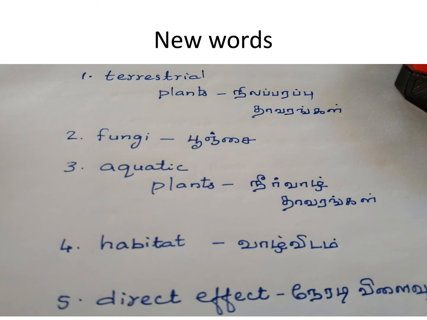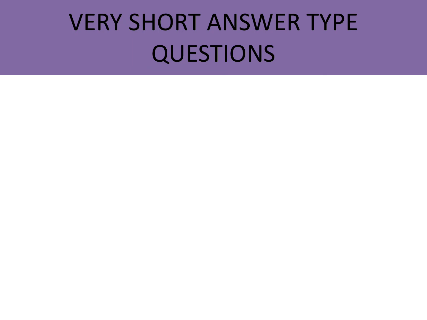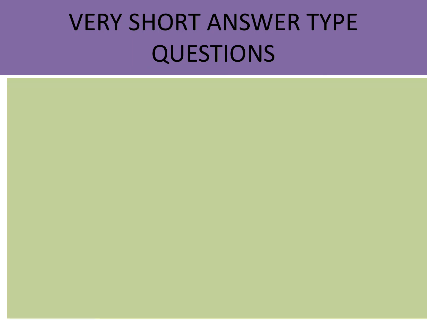Then, very short answer type questions. Write this heading: very short answer type questions. The questions are on page number 47.